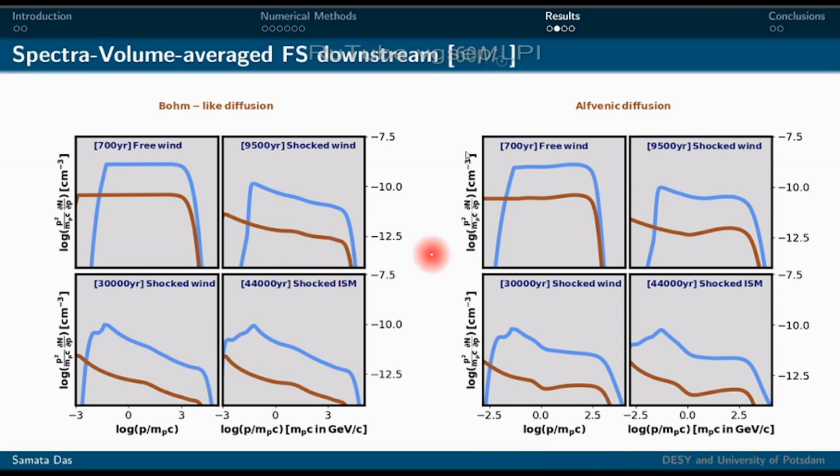For the Alfvénic diffusion, the spectrum also depends on the growth and damping of the Alfvén waves, and also on the cascading, because here the system becomes very nonlinear. And since we got the softer spectra at lower energy in this case, these are all the volume-averaged forward shock downstream spectra.